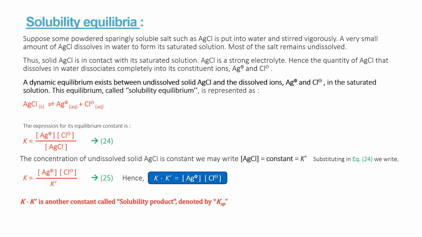So our Ksp, the solubility product, is equal to [Ag+] into [Cl-].